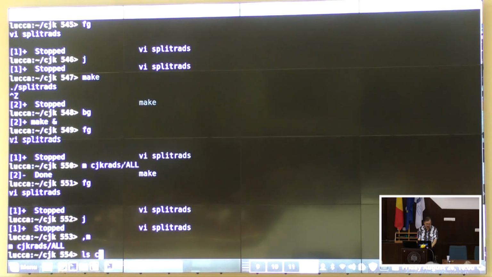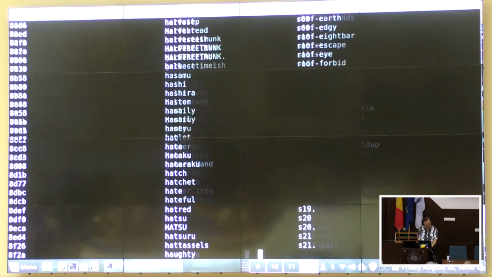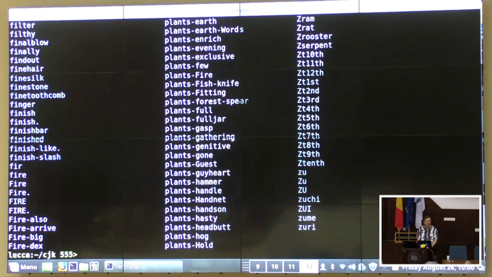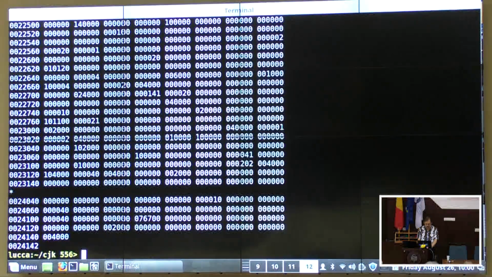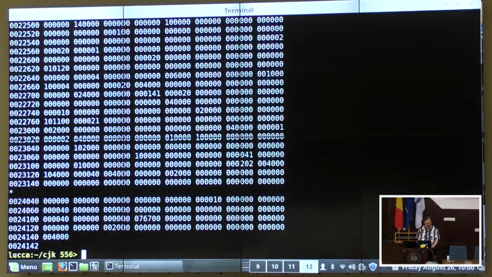in CJK rads, vec is building a bunch of bit vectors for every one of the base symbols. And these are binary files, so if I OD, this is a bitmap of all of the lines in that file that contain fire somewhere.